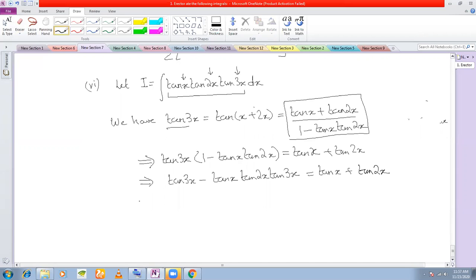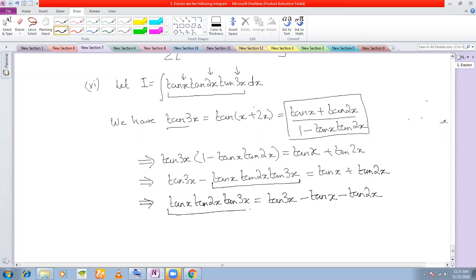Okay. So what will you get here? You are getting tan x, tan 2x, tan 3x here. You will find out this value. So therefore, tan x, tan 2x, tan 3x will be tan 3x minus tan x minus tan 2x, right? So therefore, you see you have got the value of tan x, tan 2x, tan 3x as a sum of three tans.